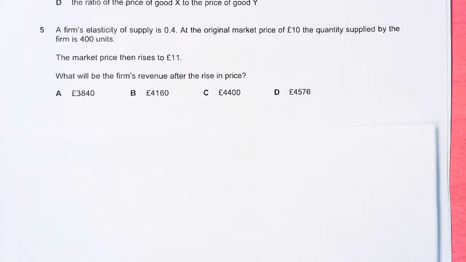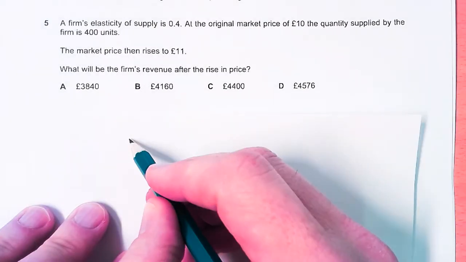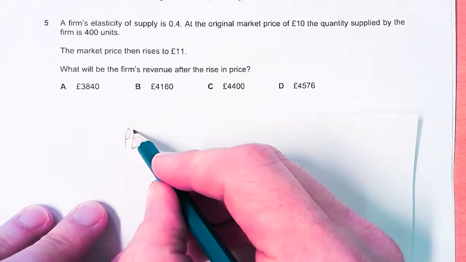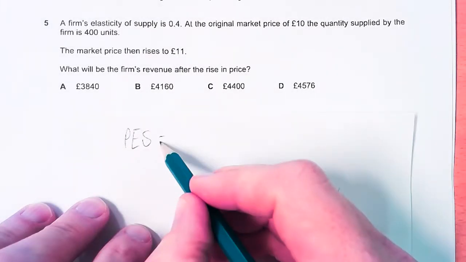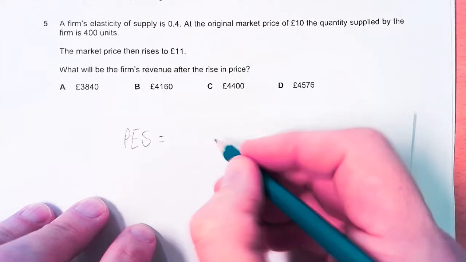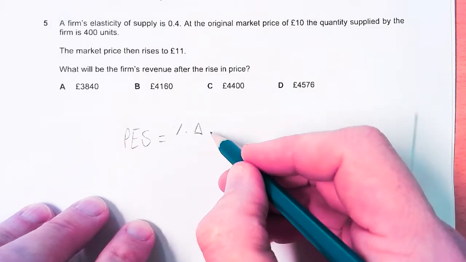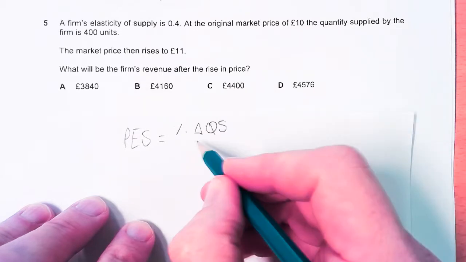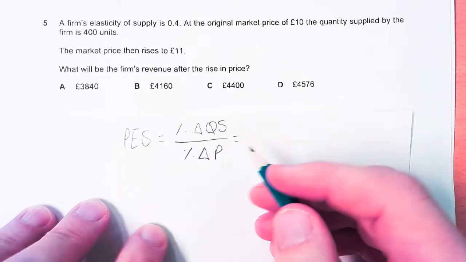Firstly, we've got to work out the price elasticity of supply, the supply change that would take place. We know that price elasticity of supply is calculated by the percentage change in quantity supplied divided by the percentage change in price. So let's have a look at what information we've actually got here.